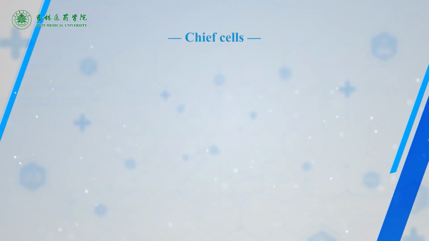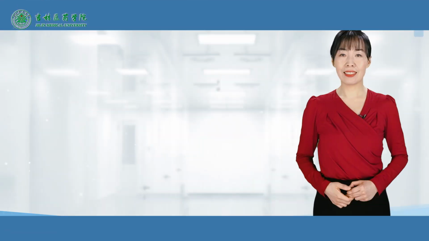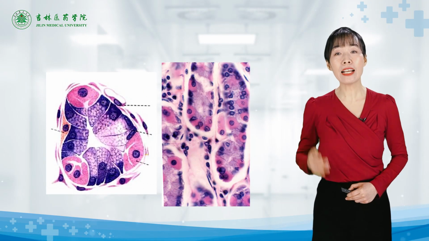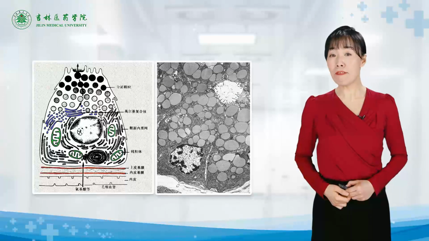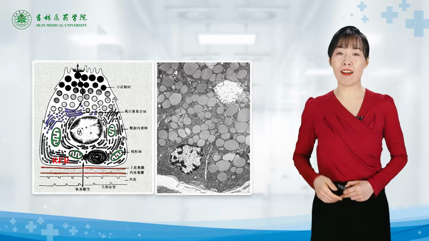Chief cells are located in the lower region of tubular glands and have all the characteristics of protein synthesizing and exporting cells. Chief cells are columnar cells with basophilic cytoplasm. Their basophilia is due to the abundance of RER.